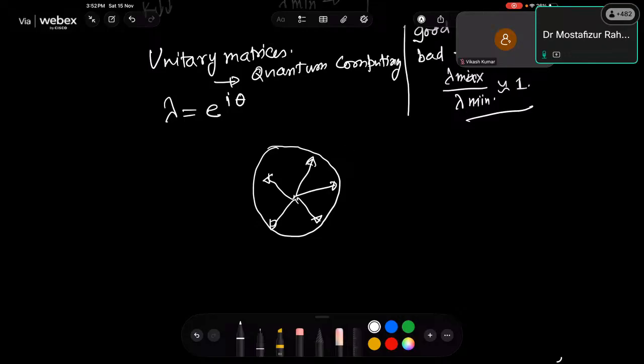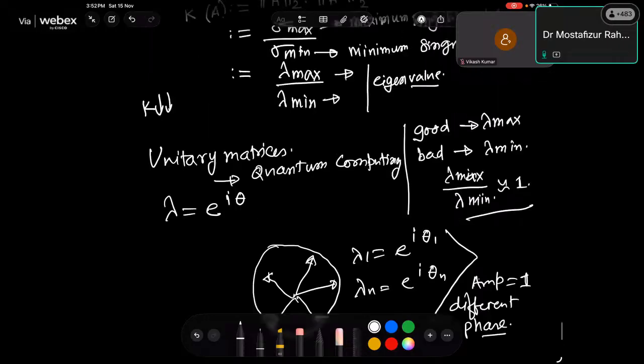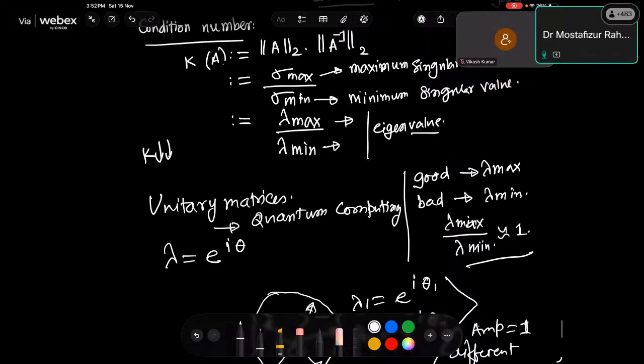So we have lambda 1 equals say e to the power i theta 1, and lambda n equals say e to the power i theta n. That means all of them have amplitude equal to 1. Only they have different phases. So if you put the definition of condition number for a unitary matrix, you'll see 1 by 1 equals 1.